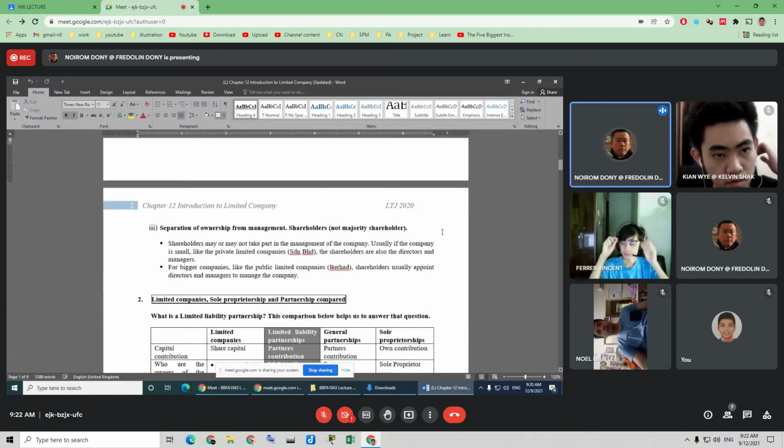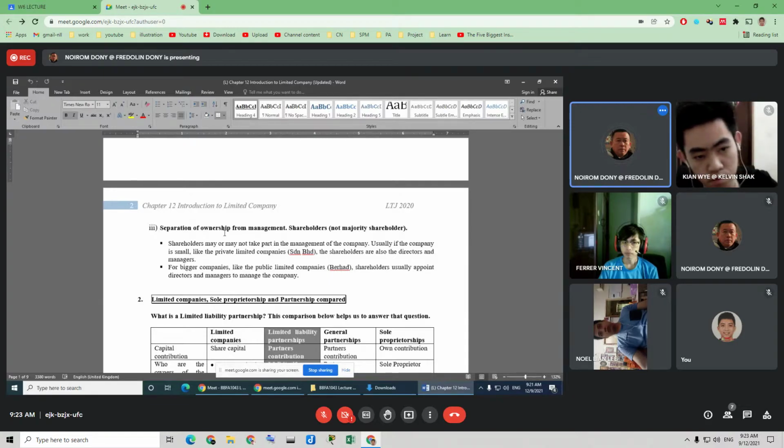And then the third characteristic is separation of ownership from management. Meaning the owner, that is the main shareholders. We call the owners shareholders. Shareholders are the ones that will buy the shares of the company.